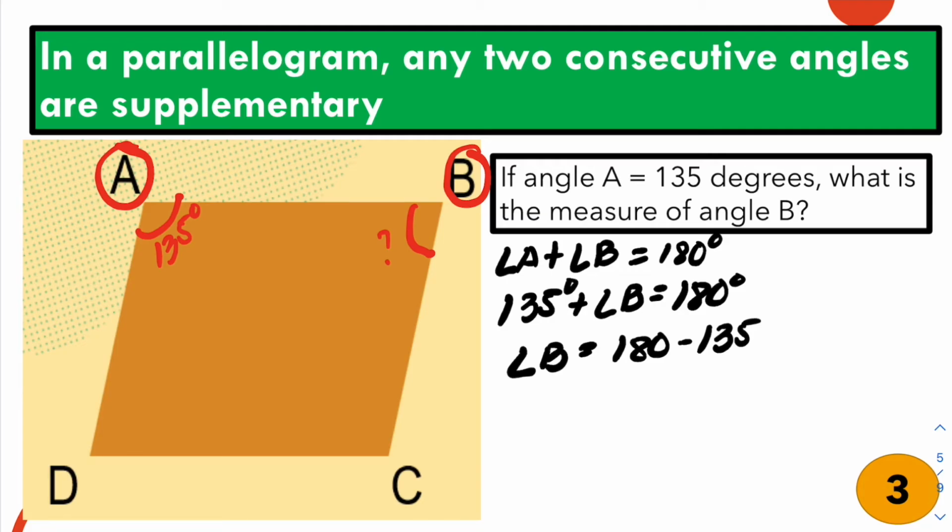Then 180 minus 135. Yes, angle B is equal to 45 degrees. Now, angle A is 135. Angle B is 45. 135 plus 45 is 180 degrees. Let's have another example.